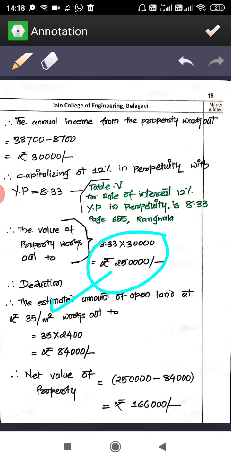They have given 2400 square meters as the area mentioned in the problem, that is the leasehold property, which you are going to multiply with 35. You are going to have 84,000. This 84,000 you have to deduct from the value of property, that is 2,50,000.